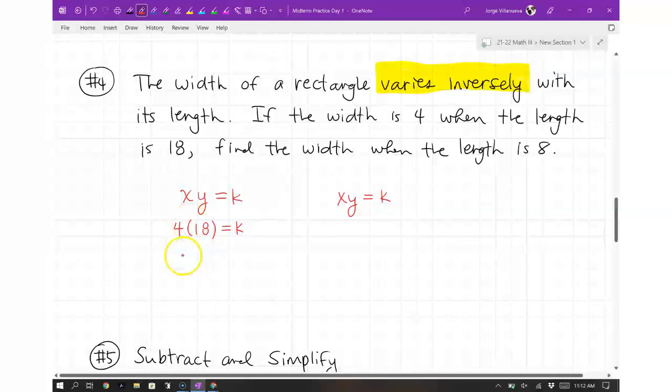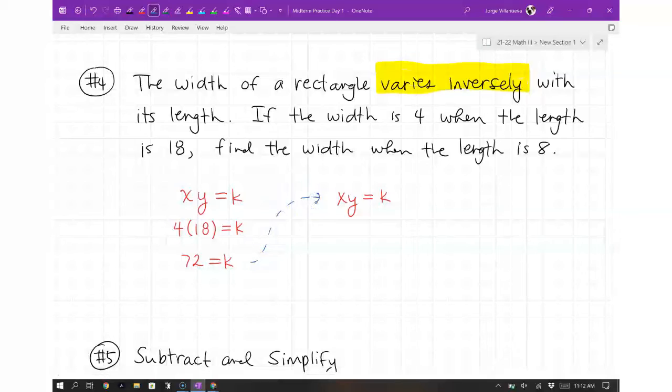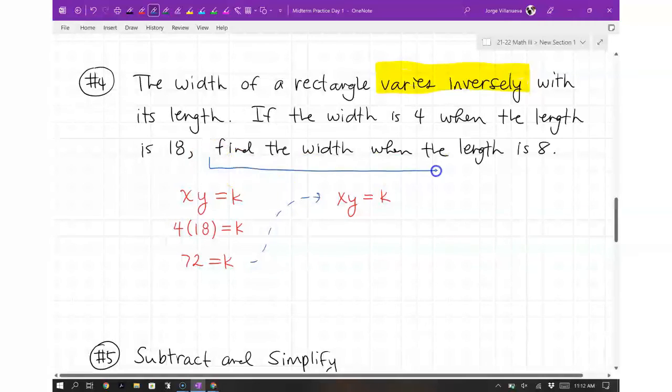Well, 4 times 18, that's 72. So I just solve for k. Now I'm going to plug that into my other equation along with some information they give me at the end. The very end says, find the width, in other words, find x, if the length is 8.